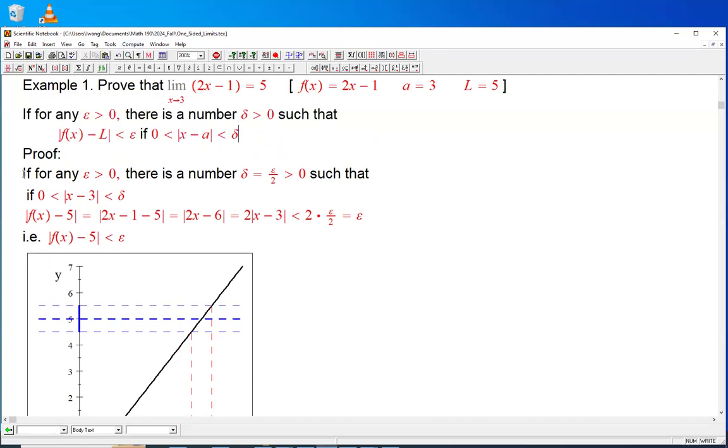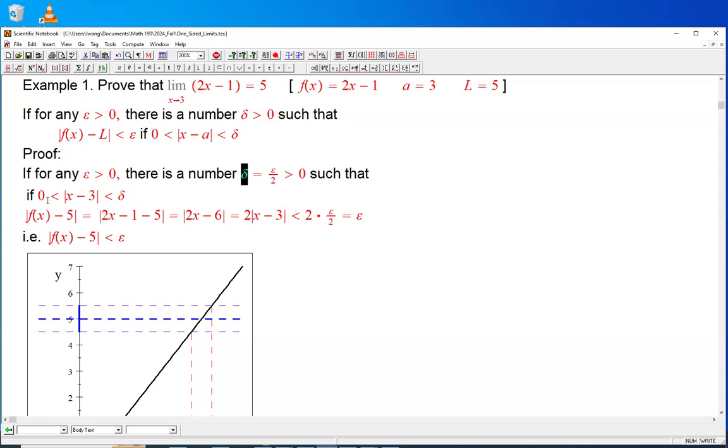I'm going to bring this language over here for your reference. Here we say, for any epsilon, there is a number delta. We have to find that delta. We have to indicate what that delta is. So for the epsilon you've chosen, I'm going to choose half of epsilon as my delta.